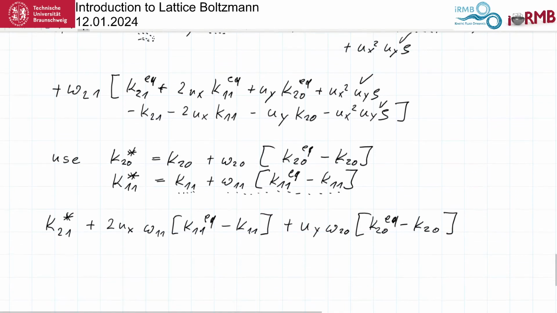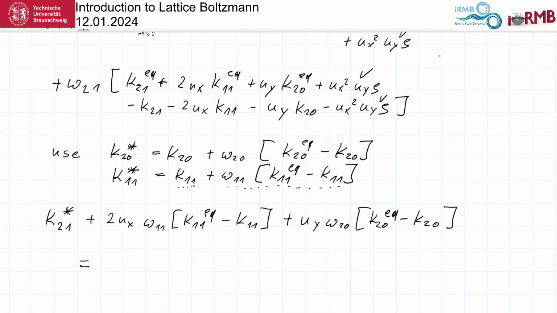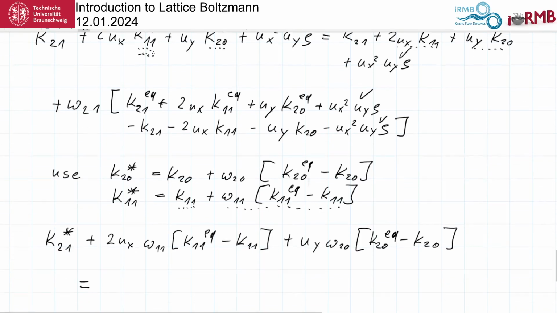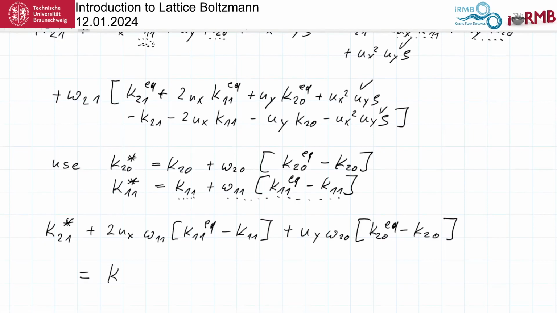And now I have to take into consideration that I've already implicitly eliminated all these other guys. So on the right-hand side, we'll just have k 2,1.